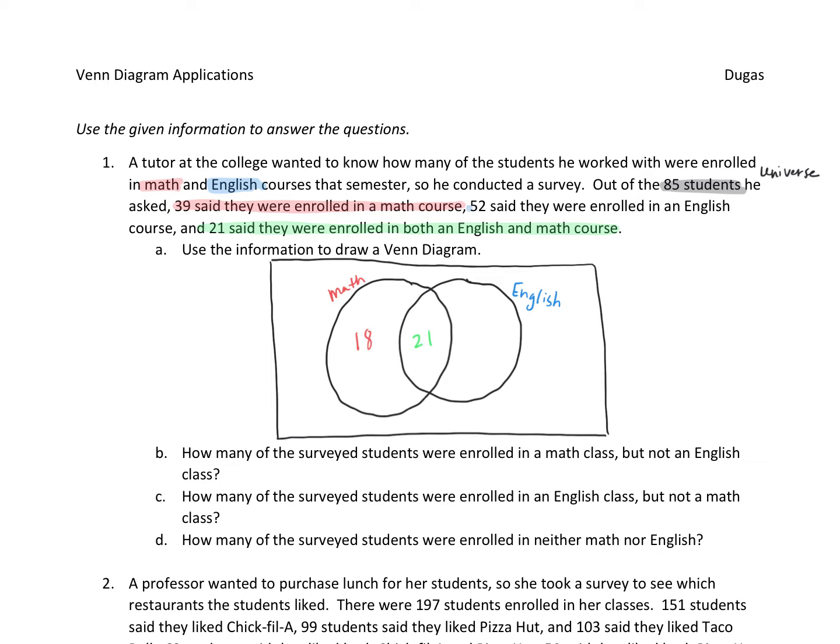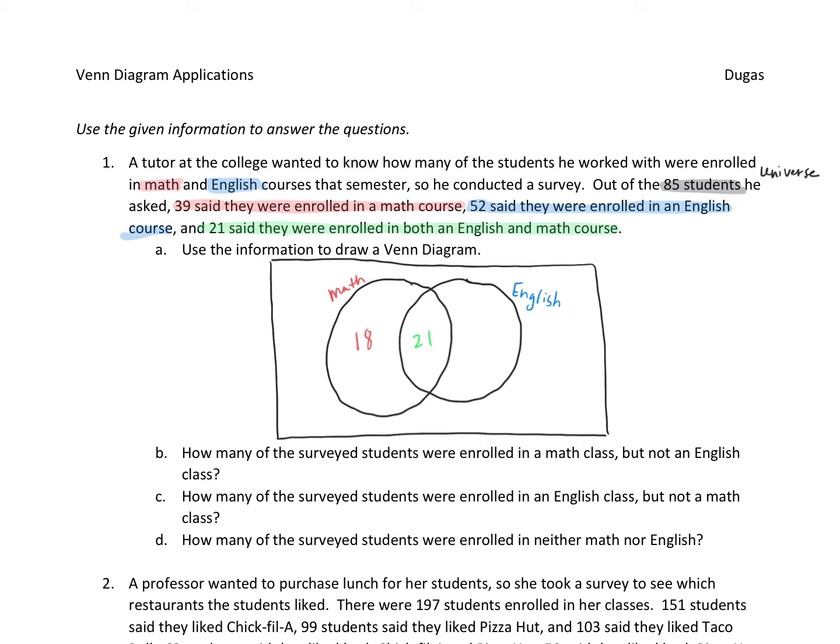Okay, now look, it says 52 said they were enrolled in English. So that means everything in this circle needs to add up to 52. Well, part of the circle already has 21 in it. So in order to figure out how many should go in the other part of the circle, you would do 52 minus the 21, and you would see that you get 31.